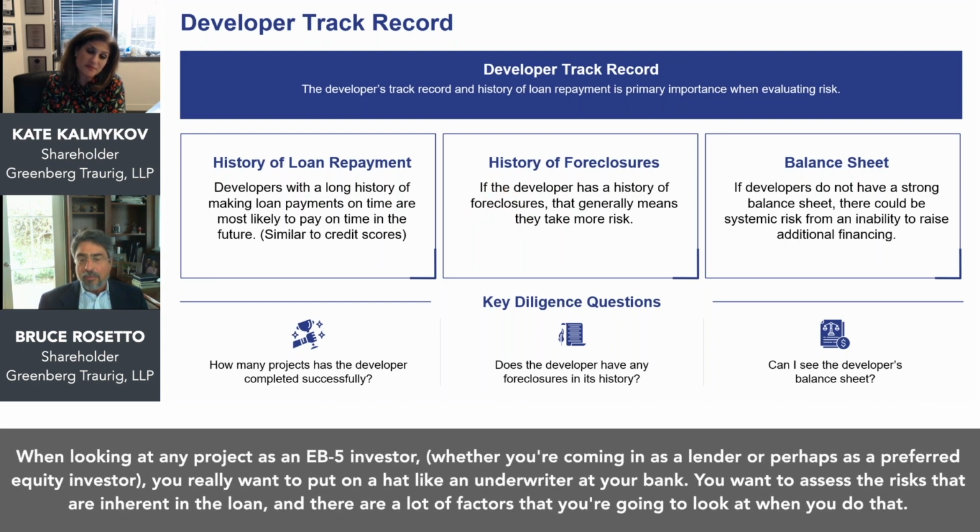So when looking at any project as an EB-5 investor, whether you're coming in as a lender or perhaps as a preferred equity investor, you really want to put on a hat as sort of an underwriter at your bank, and you want to assess the risks that are inherent in the loan. There are a lot of factors that you're going to look at when you do that.